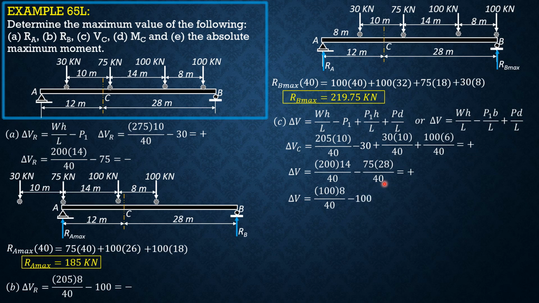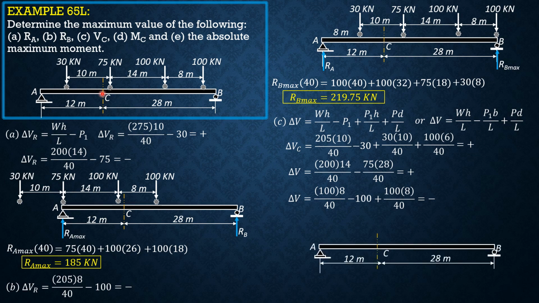Then plus 100 times this term here, 100 times H 8 over 40. The sign is negative. So that means the preceding position of loads, that is this 100 here over C, gives maximum shear at C.